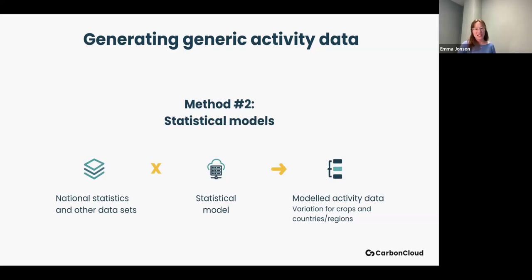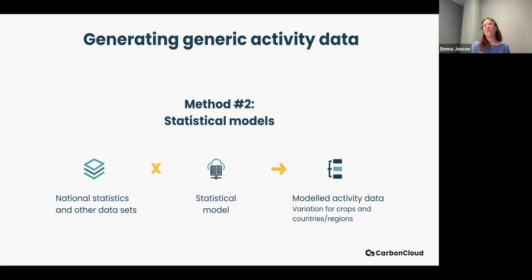And the other version is the more statistical approach that we use in CarbonCloud when we estimate the activity data for generic production. So you could describe this more as a top-down approach.